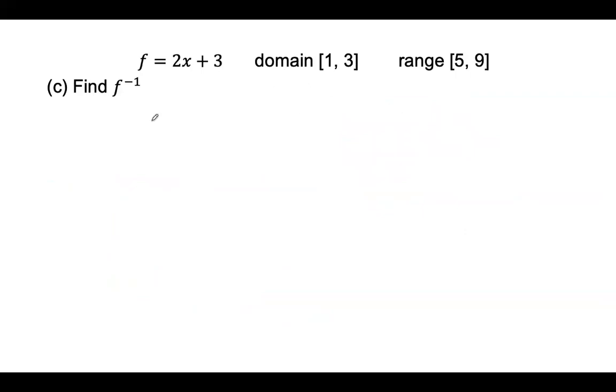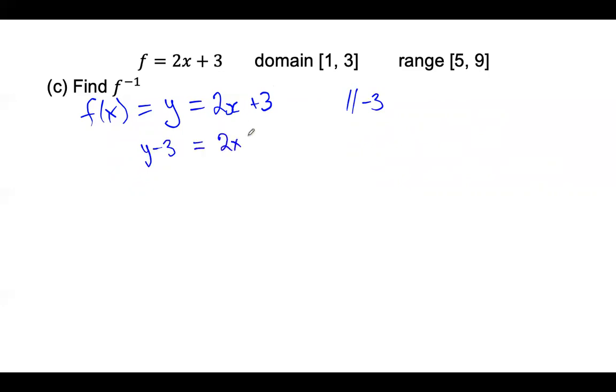Now, let's find the inverse of this same function. To find the inverse, again, we just do y. So our f of x is equal to y, and our f of x is equal to 2x plus 3. So we can subtract 3 from both sides. So y minus 3 equals 2x plus 3 minus 3.